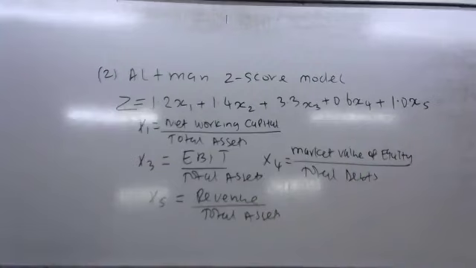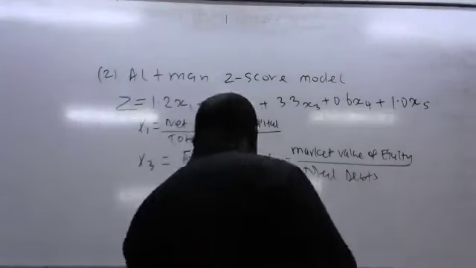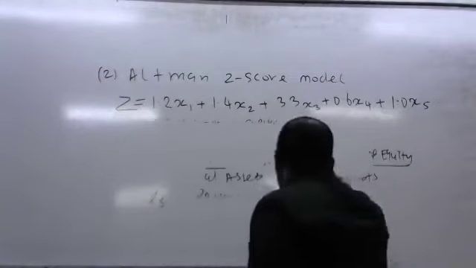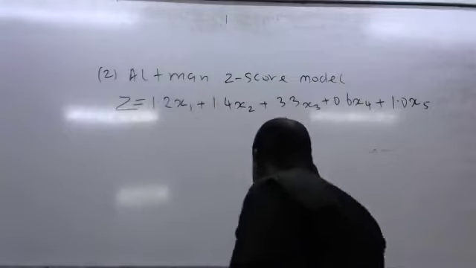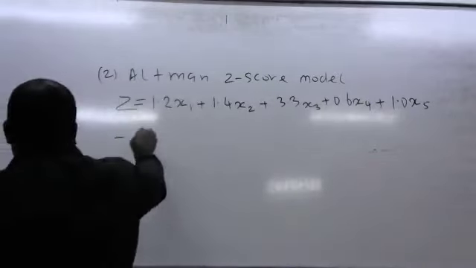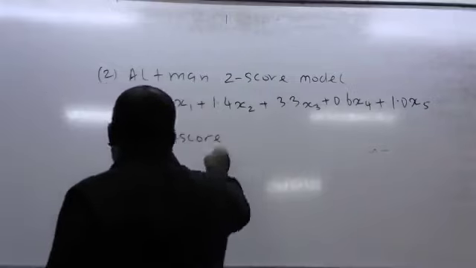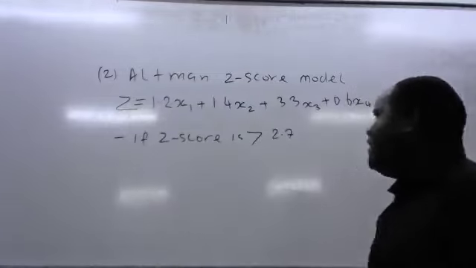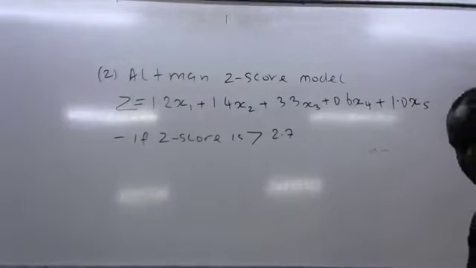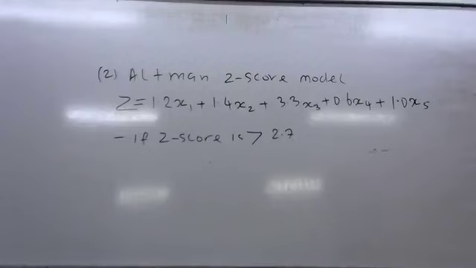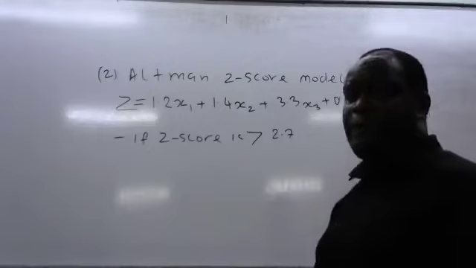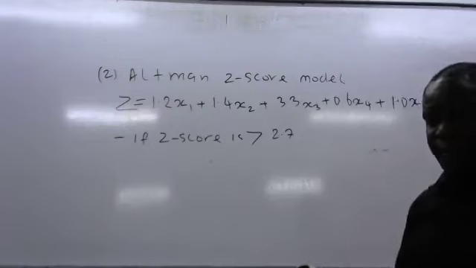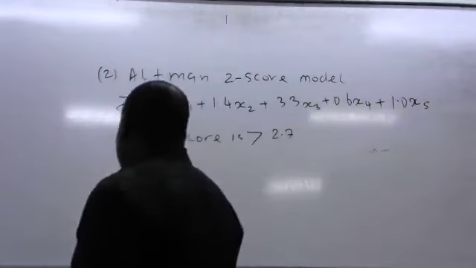The first dash, we shall say that if the Z score is greater than 2.7, then it indicates success or non-failure.